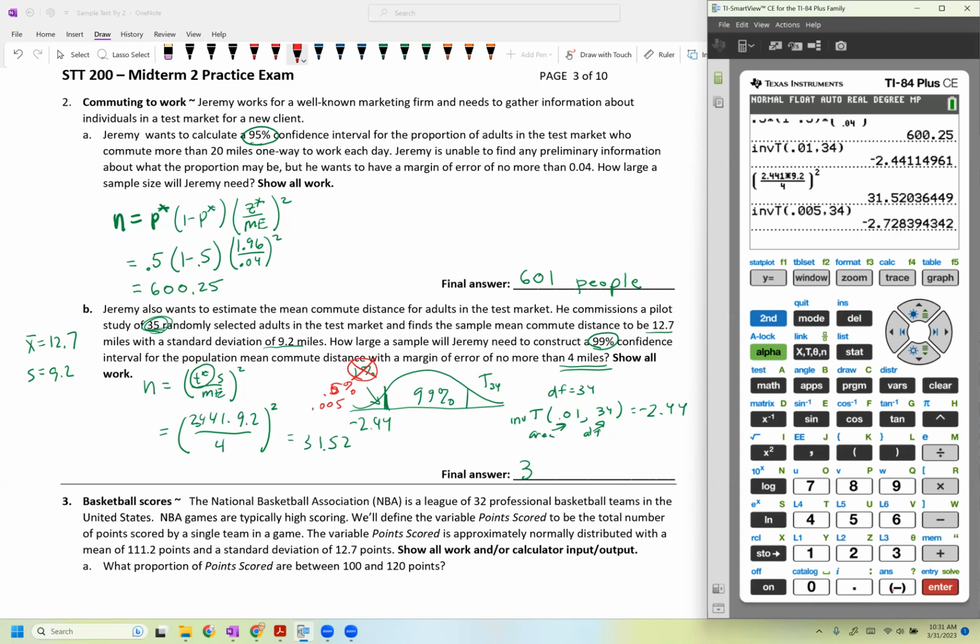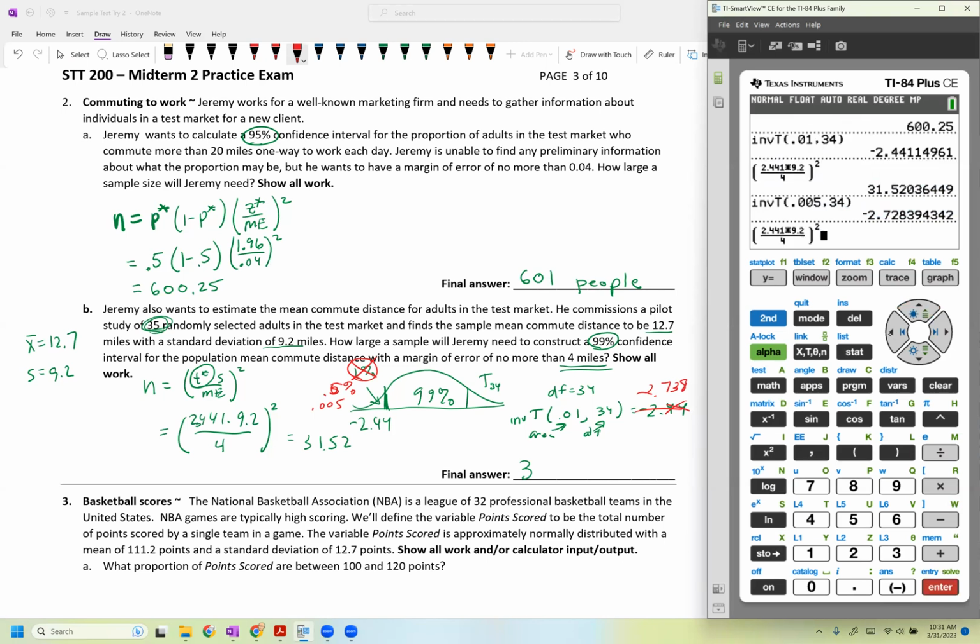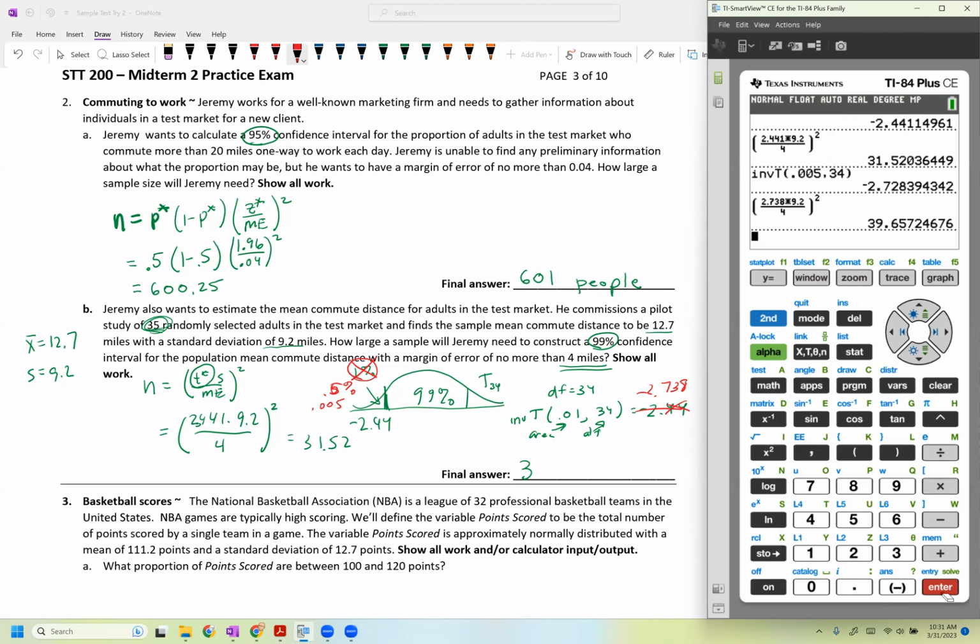So our t star value is really negative 2.738. That's going to make a big difference. 2.738. Okay, there we go. And that gives us a 39.65 value for that calculation.